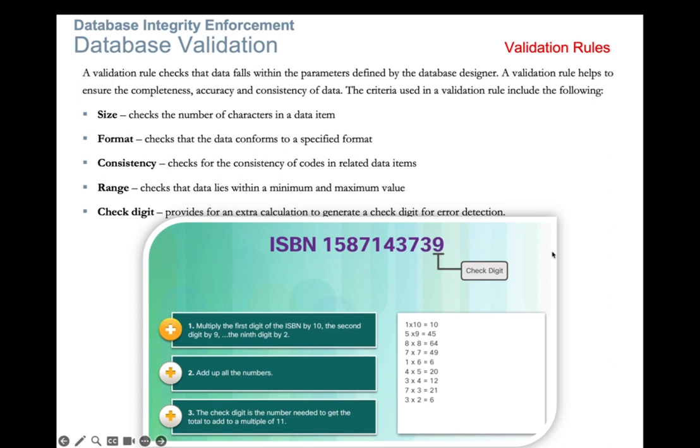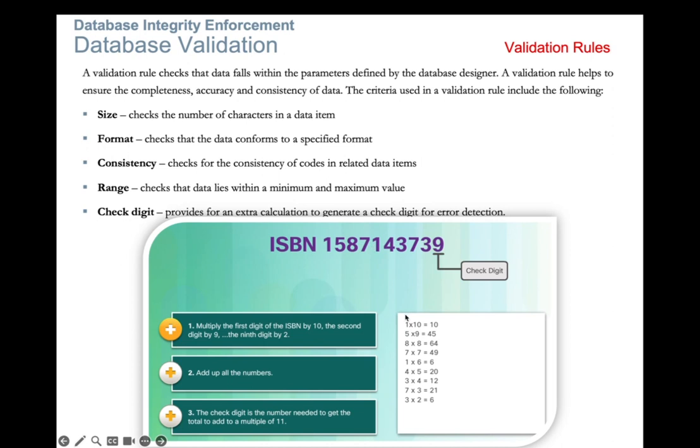Then you need to add this check digit to this format for validation rule. So here you can multiply the first digit of the ISBN by 10, the second digit by 9, because it's a 10 digit ISBN number, total 10 digits.